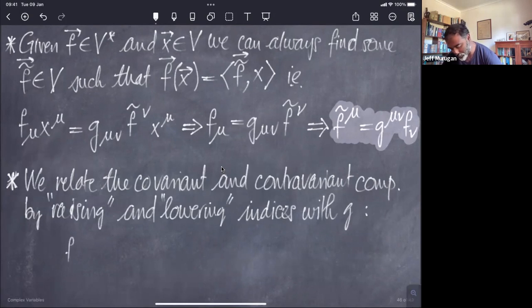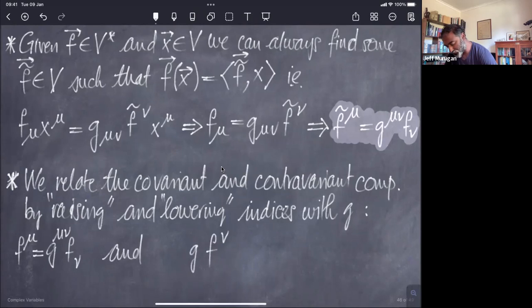So given some f nu, if I multiply it with g mu nu inverse, then the result is f mu with a mu upstairs. And starting off with some f nu upstairs, if I multiply with g mu nu downstairs, that gives me an f mu with the mu downstairs. Is that clear?